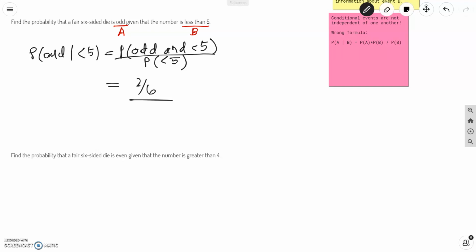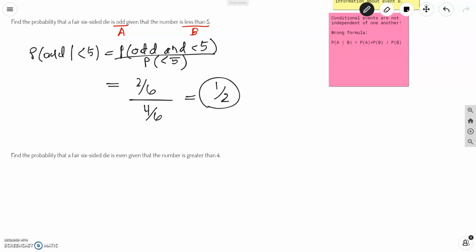Now, for the probability of being less than 5, there are 4 numbers that are less than 5 out of the 6. So the probability of being less than 5 is 4 over 6. After calculating this through, your final answer should be 1/2. So that's saying that the probability of being odd, given that the number is less than 5, is 1/2.